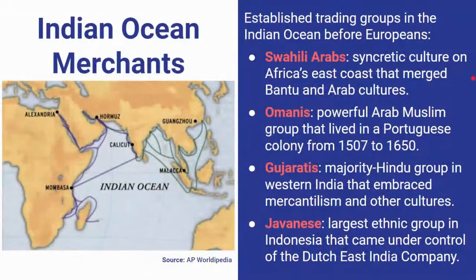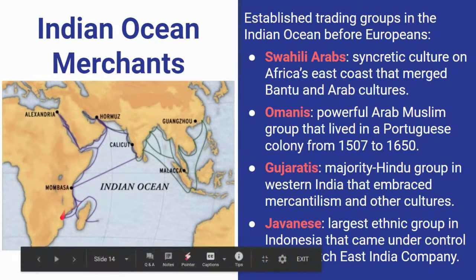In the Indian Ocean, these are just some groups to know about. Again, I'm just reviewing some of the CED stuff now so you have it at the front of your mind. But these are four groups that they want you to know that were interacting with Europeans, but were well-established groups by the time the Europeans arrived. So you should know about the Swahili Arabs in the Swahili coast of East Africa.